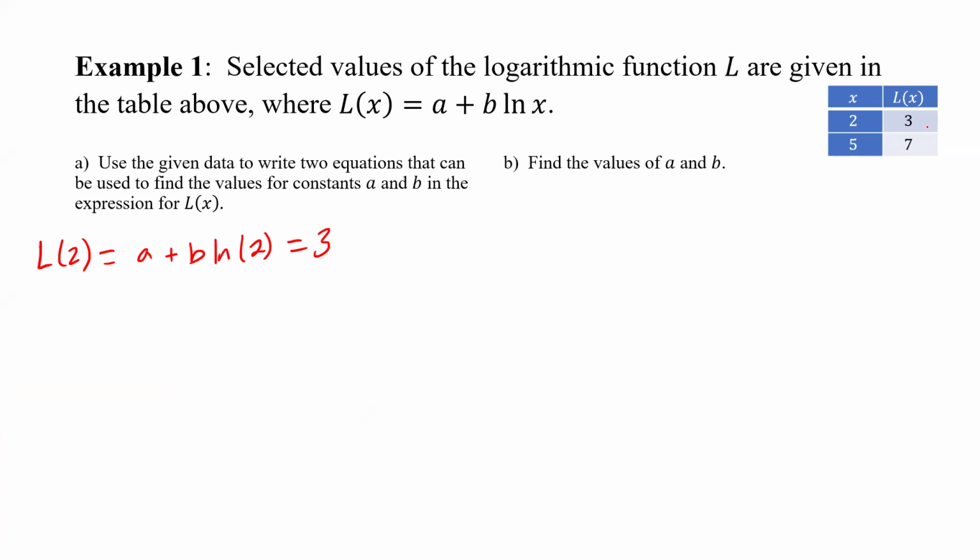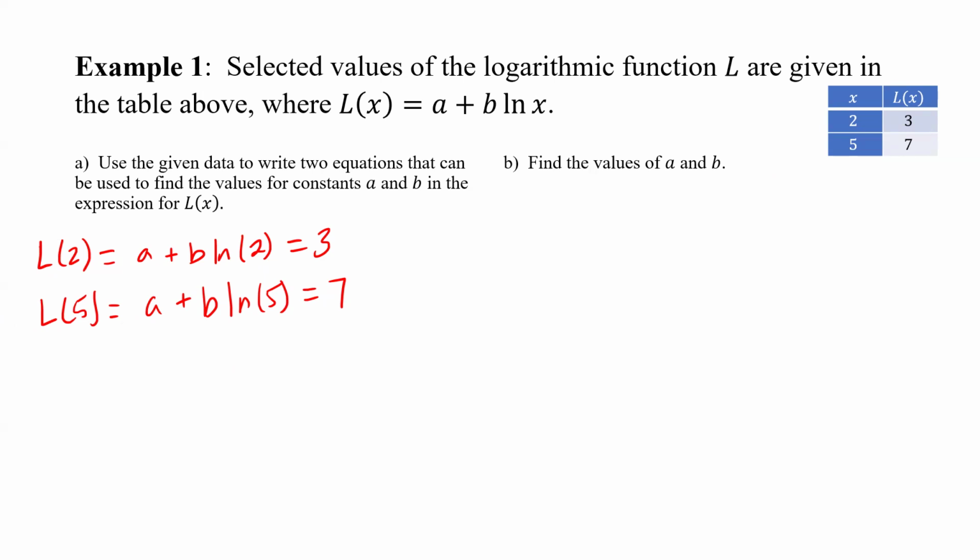So x is 2, y is 3. So that's one equation. My second equation would be using L of 5. L of 5 equals a plus b natural log of 5 equals 7.